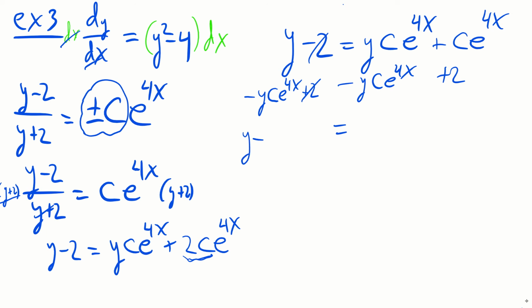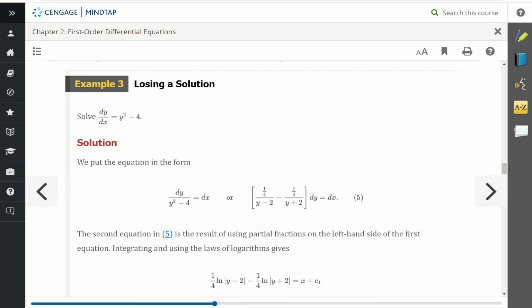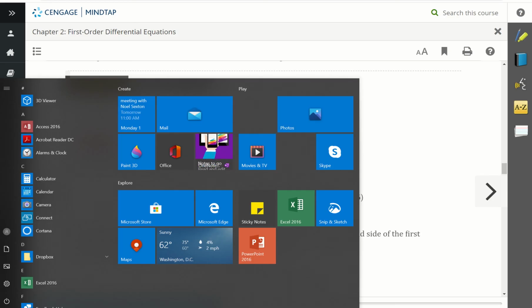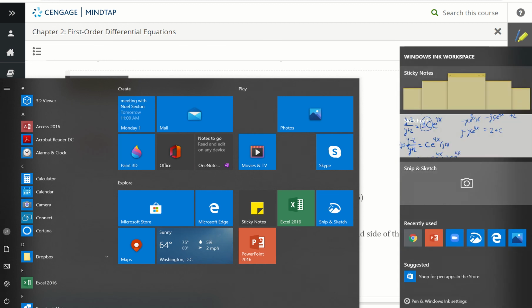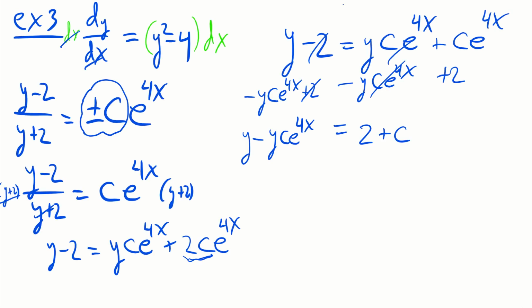We have y minus y c e to the 4x equals, here these would cancel, 2 plus c e to the 4x.